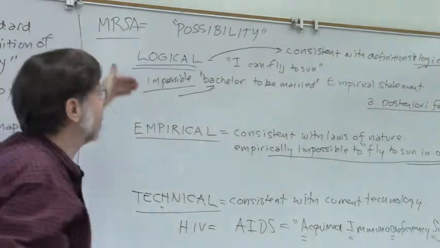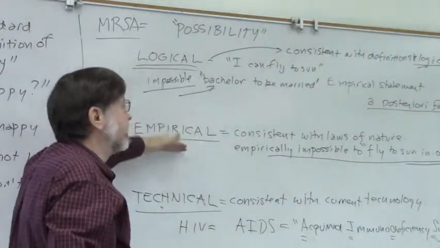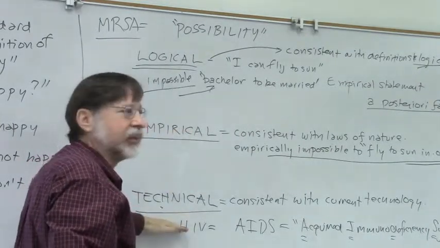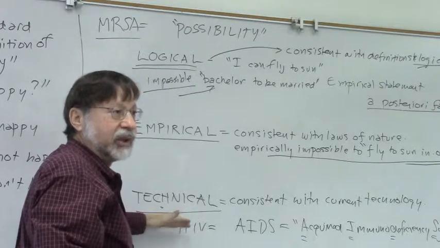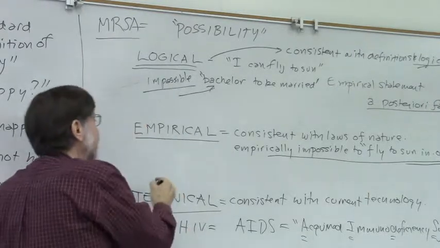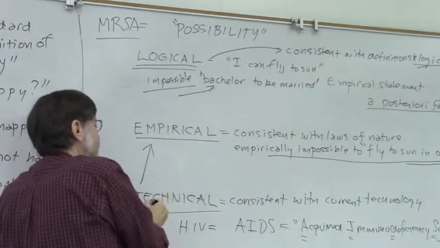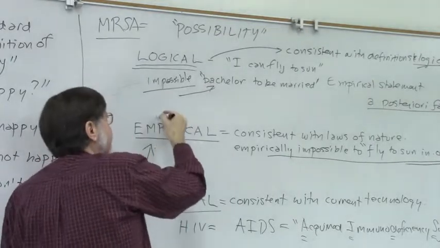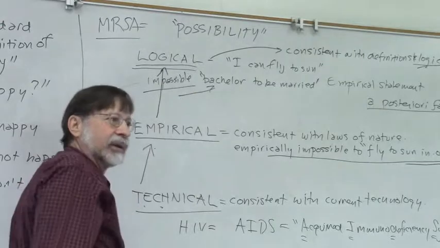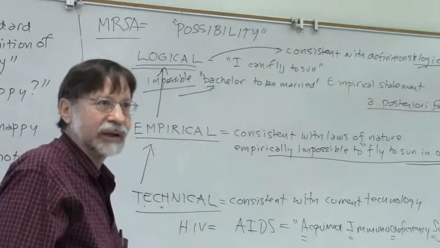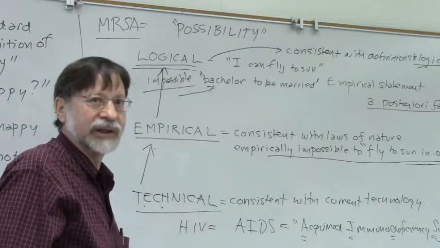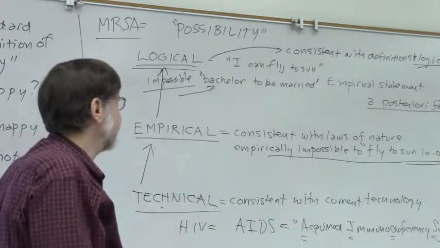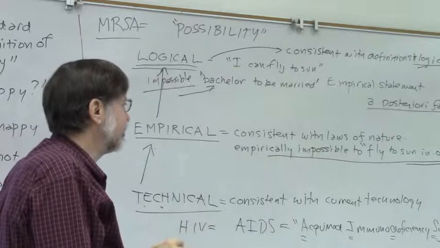And if it's technically possible, then it's empirically possible. And if it's empirically possible, it's logically possible, or wouldn't it make sense to talk about it? Everybody clear on the relationships between logical, technical, and empirical possibility? Any questions about that?